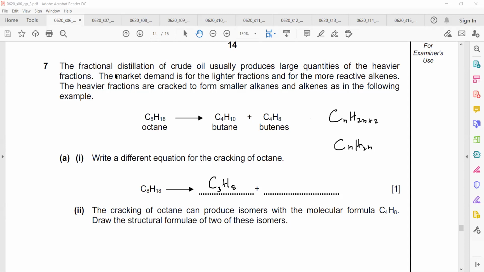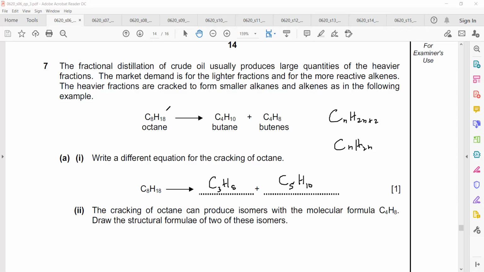Even you can produce hydrogen, that's also acceptable. C5H12 and C3H6 is also correct. So C5 will be there and H10 will be there. So I make propane and pentene.